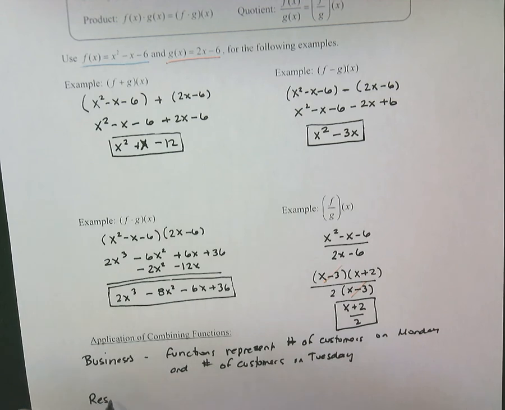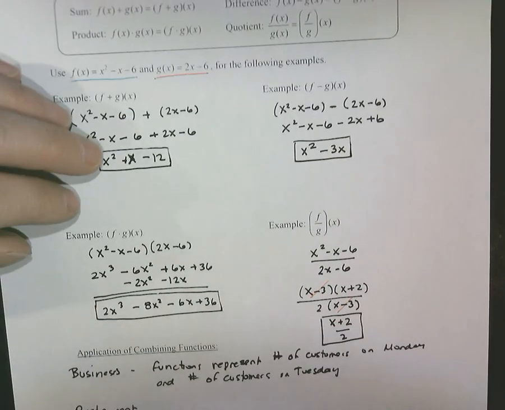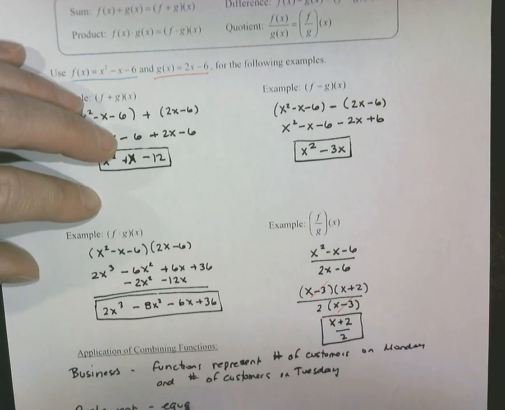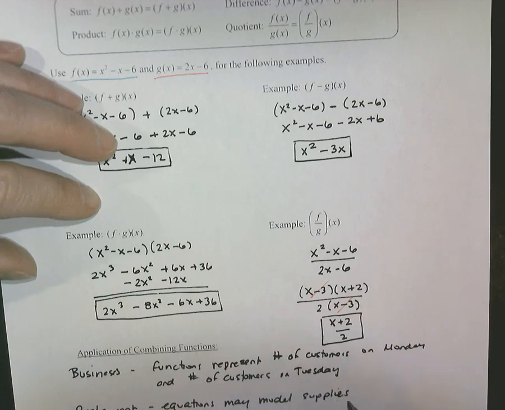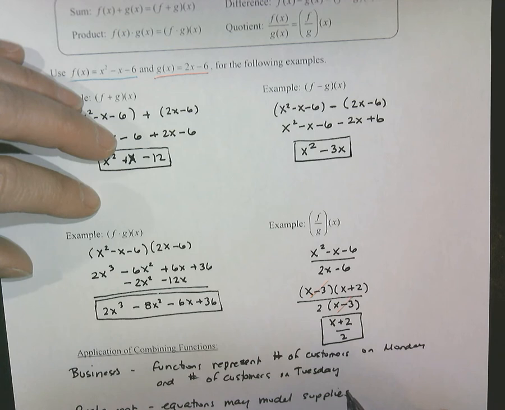Specifically, restaurants. The equations may model supplies that you need for your restaurant. Or they could model, you have different restaurant chains.